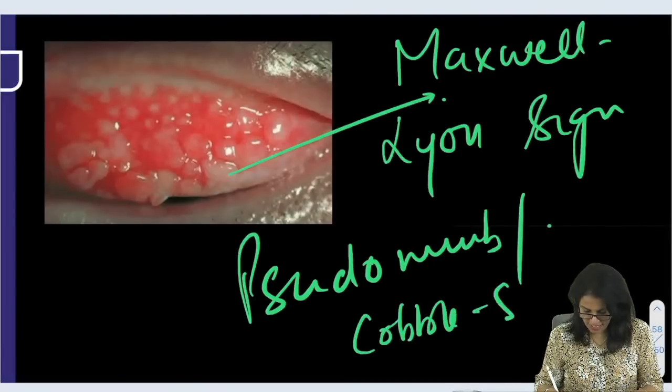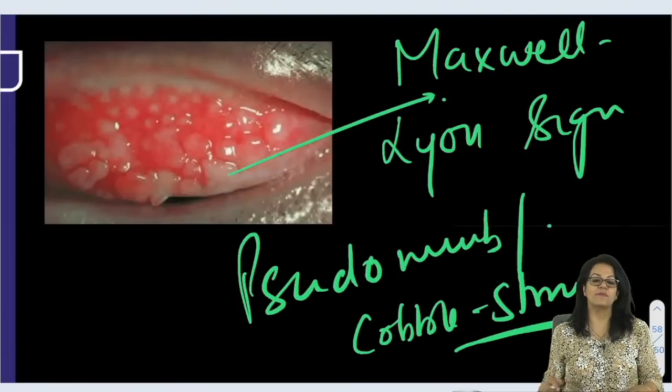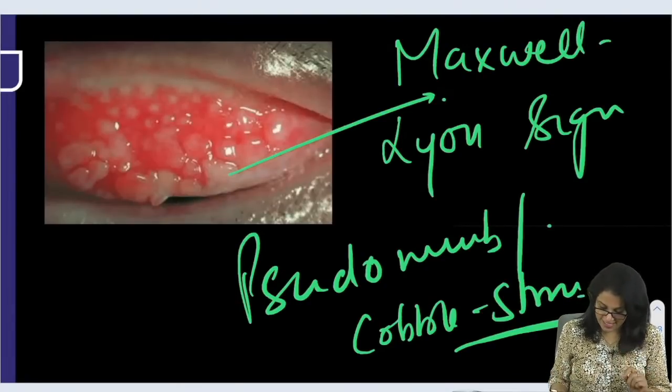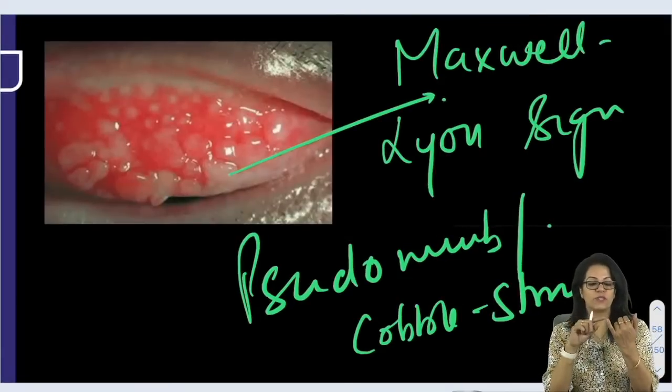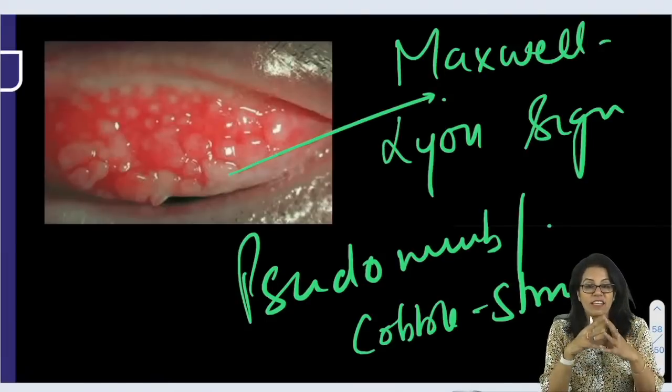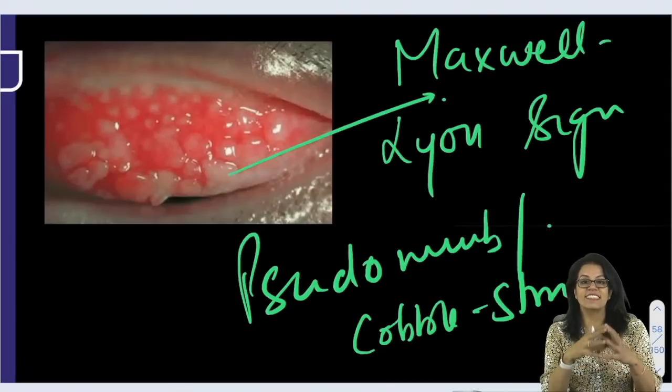What is cobblestone appearance? We all know that it is papillary hyperplasia. Then, I hope you all remember the questions on vernal keratoconjunctivitis: it is mainly in the summers, in male children, and very important, exogenous allergies. I am giving a quick revision here, so focus, and write it down if you want.